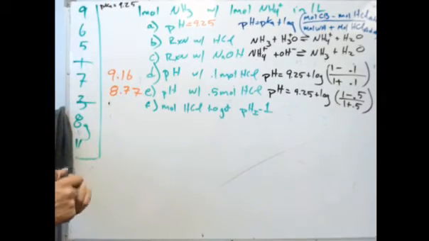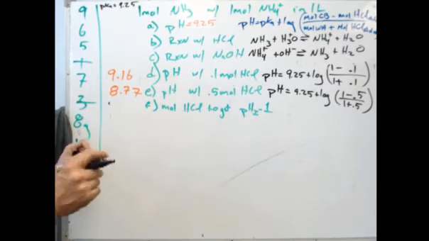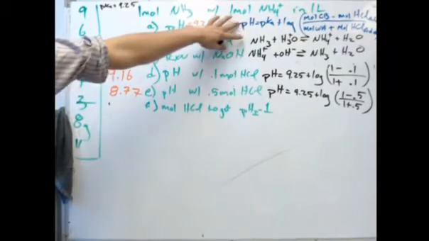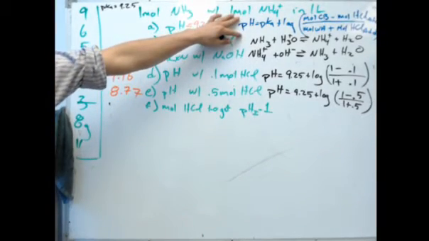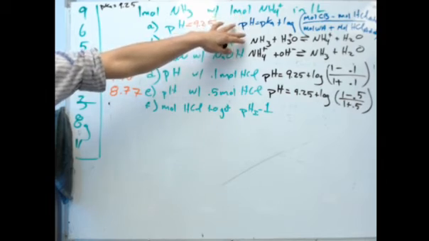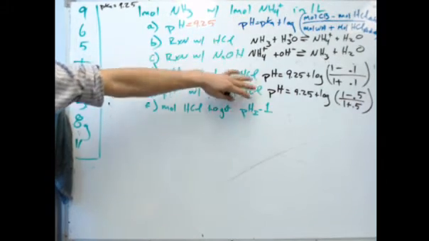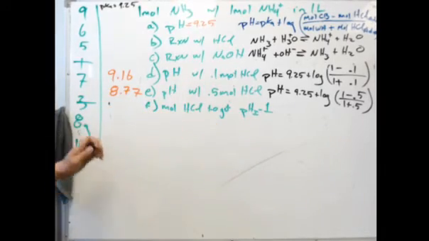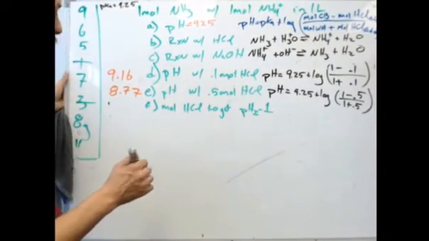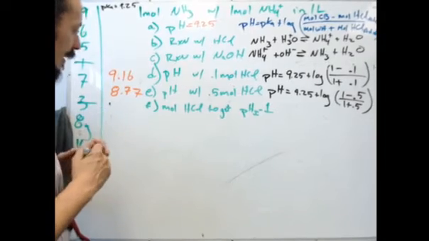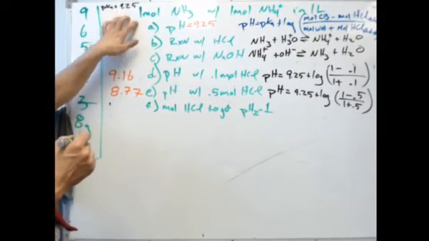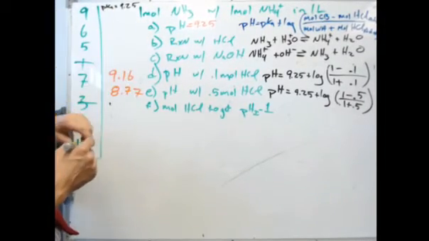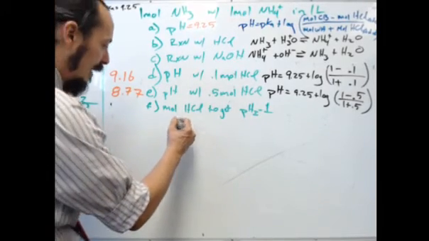The last one is probably the one that gives people the most trouble, right? Notice we're working off this equation every time, but we're changing what our unknown is. In all of these, we've been using the same unknown, which is pH. This one, we know the pH, and now we're doing a different unknown. So if I want to go to a pH that's 1 less than this, I'm going to be going to a pH of 8.25.